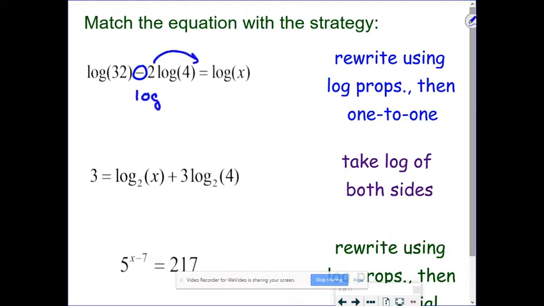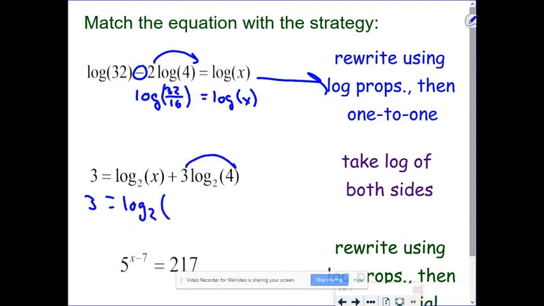And then the thing I look at is this. I have log on the left side equals log on the right side. They're both bases are the same, so that's 1 to 1. 32 over 16 has to equal x. The stuff inside the log has to equal the stuff inside of the other log. In the next one, put the 3 up, so it becomes 4 to the third.